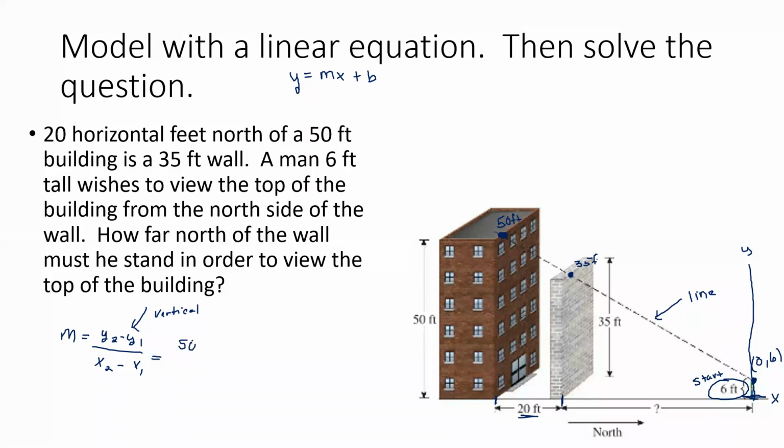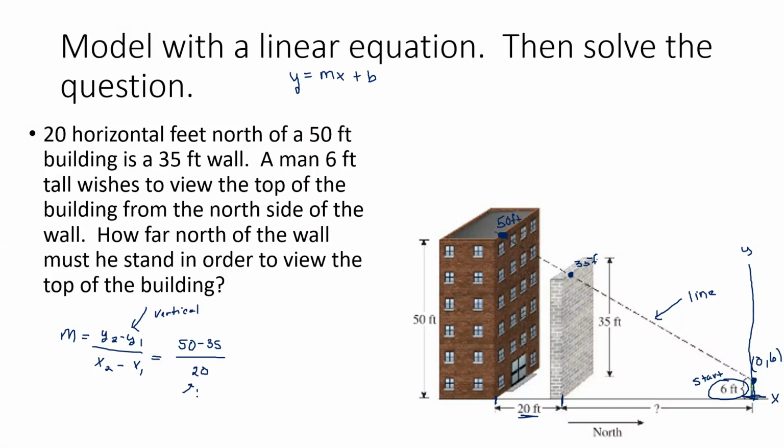So I'm going to use 50 as my y2 minus 35. And I truly do not know how far the wall or the building are from the start. So I can't really use ordered pairs, but I do know that the change, the distance between them, is 20 because I'm told this.